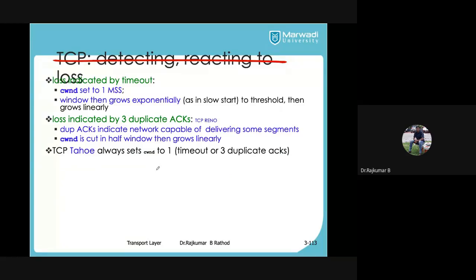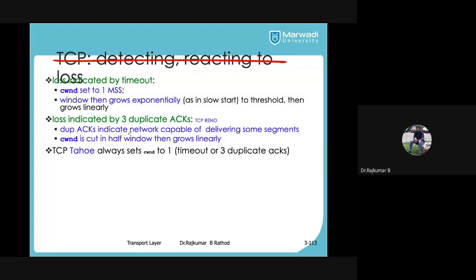TCP detecting and reacting to the loss. The congestion window is set to one maximum segment size, and the window then grows exponentially as we saw in the previous slide. But loss is indicated by 3 duplicate acknowledgements.